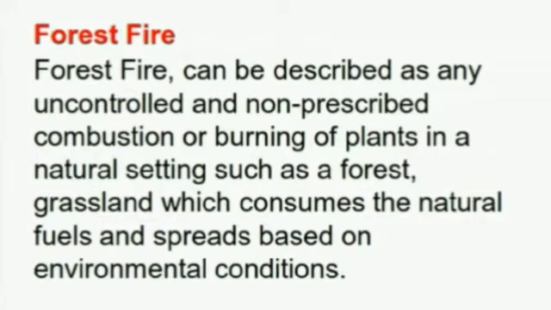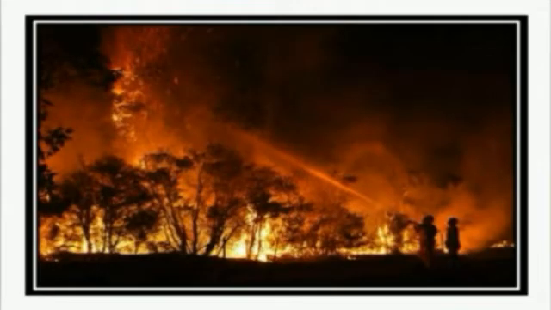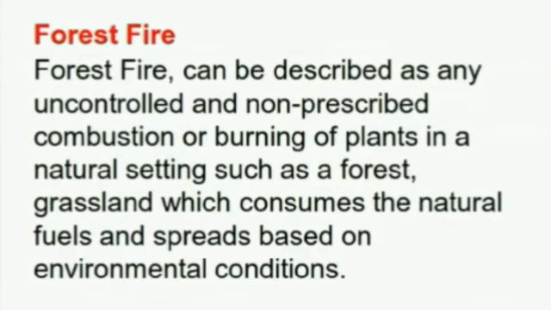The next disaster is forest fire. Forest fire can be described as any uncontrolled and non-prescribed combustion or burning of plants in a natural setting such as a forest or grassland, which consumes the natural fuels and spreads based on environmental conditions. So forest fire actually starts from natural causes.